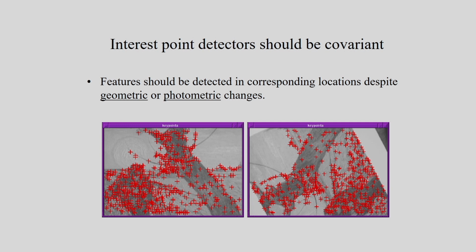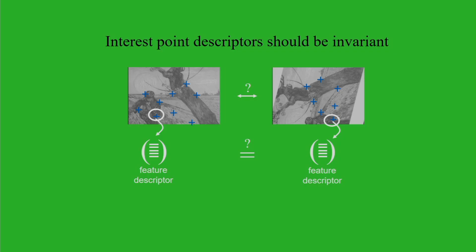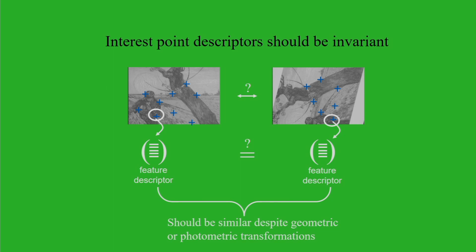Suppose I consider this figure, corresponding to this portion I have the features here. So, the feature should be detected in corresponding locations irrespective of geometric and photometric variations. An interest point descriptor should be invariant. That is one point I have already mentioned: the interest points should be similar despite geometric and photometric transformation. That is the concept of covariance.